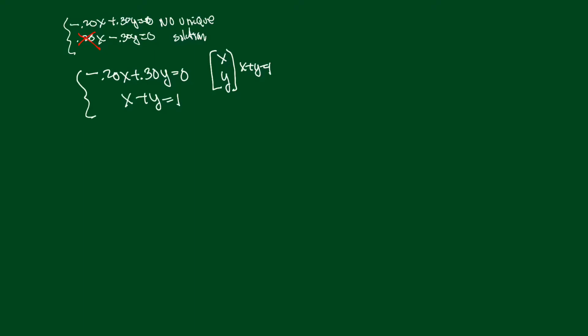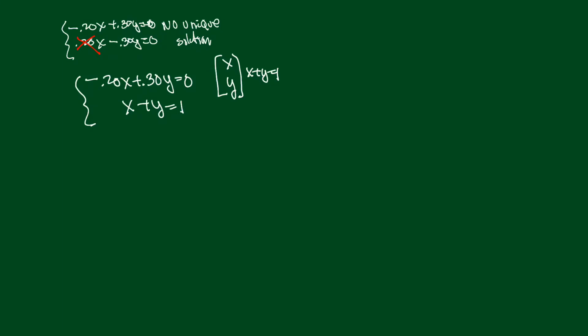I'm going to do that on my calculator. If we solve this on the calculator, we go into matrix A and input just the coefficients: negative 0.20, 0.30, and 0, then 1, 1, and 1.